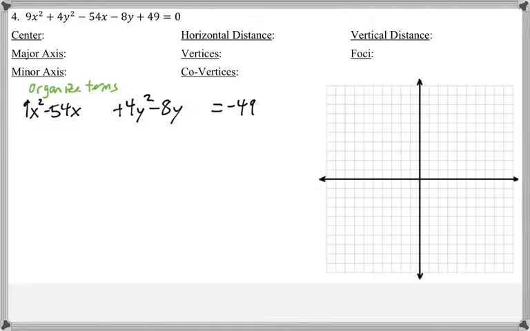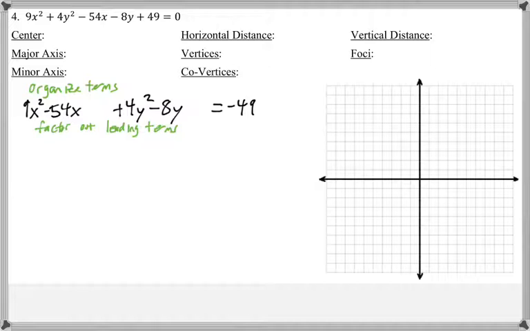Okay, so to complete the square, we are not allowed to have coefficients next to the square terms. So I need to factor out these leading terms so that we can complete the square. So factor out the leading terms.